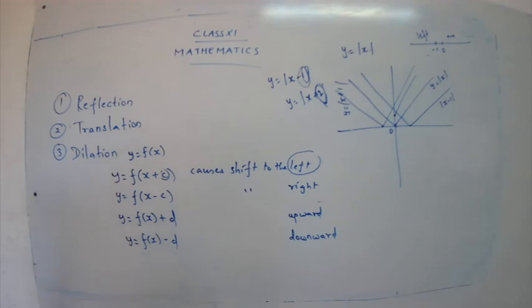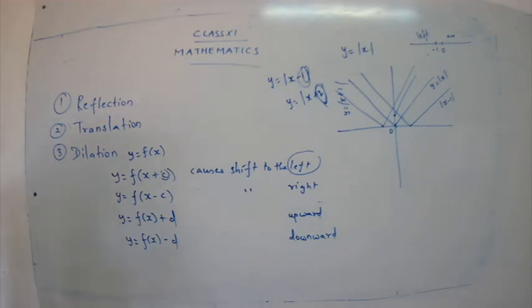Then y is equal to mod x plus 1 is shifted, so from 0 it is now starting from 1. Similarly for mod x minus 1 it is starting from minus 1. That is given on page 41. Clear? I hope once you see these 2 graphs, you'll be clear with the remaining 2 functions.